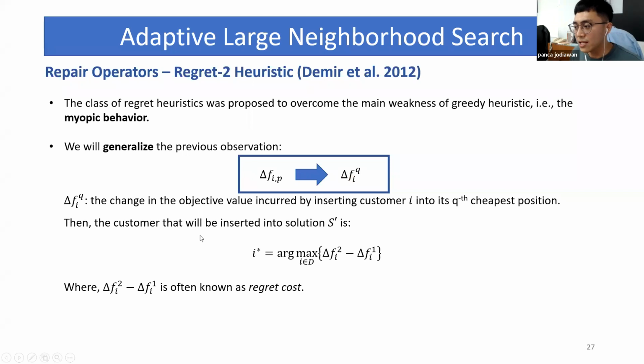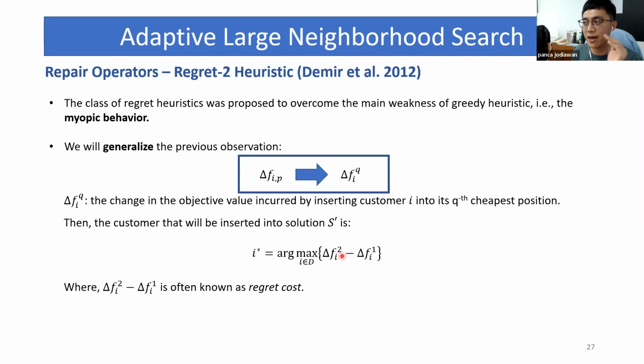So then the customer that will be inserted into the solution, we need to select a customer. Okay, in the list of the removed customers, just like in the previous example, we have C4 and C5. Then we need to determine the maximum, this one, argmax delta FI2 minus delta FI1.